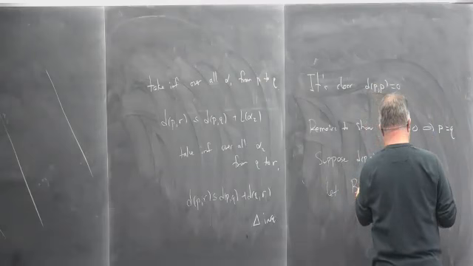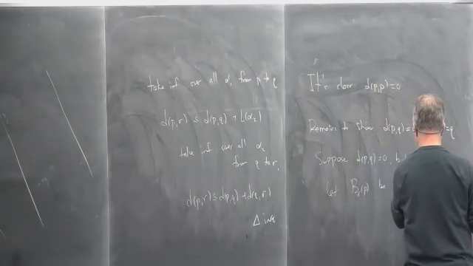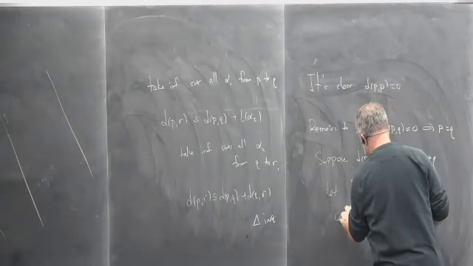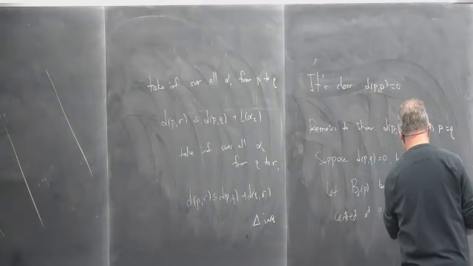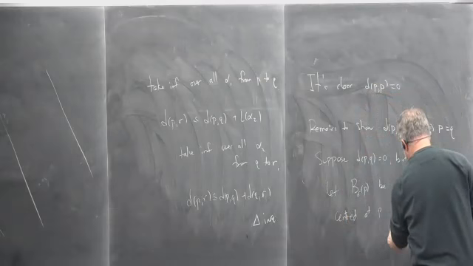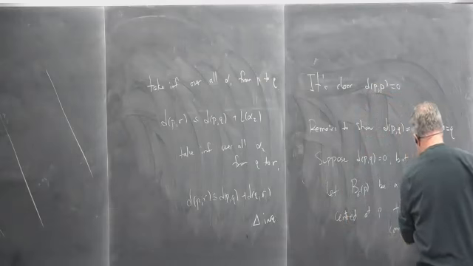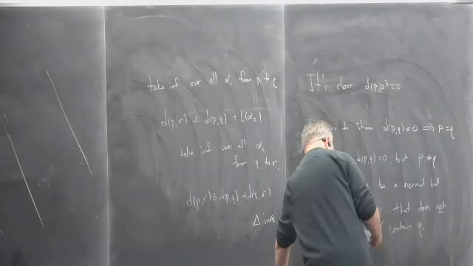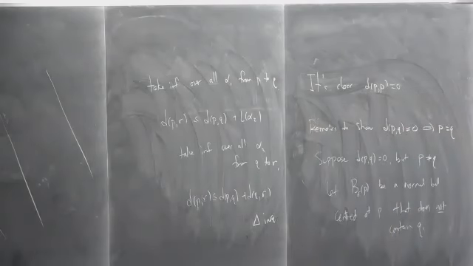Let B epsilon of P be a normal ball centered at P that does not contain Q. We can do this because P is not equal to Q and the manifold is Hausdorff, so I can find an open neighborhood of P which doesn't contain Q. And within that open neighborhood, I can shrink it to get a normal ball centered at P that does not contain Q. Let's draw a picture.